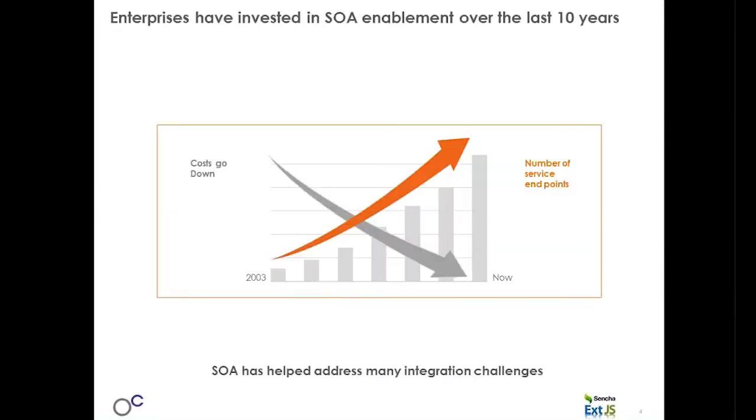One of the largest areas of enterprise IT spend over the last 10 years has been in SOA-based initiatives. A key reason for this spend was to lower the cost of integration. As a result, the number of service endpoints has exploded over time.